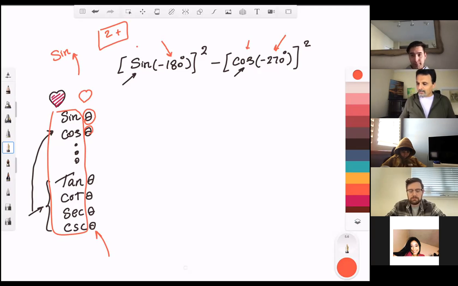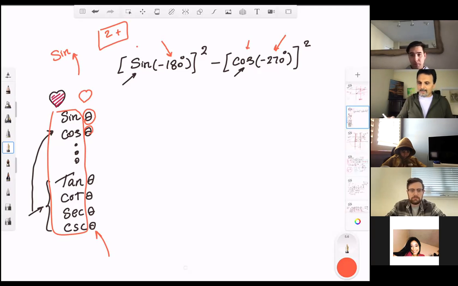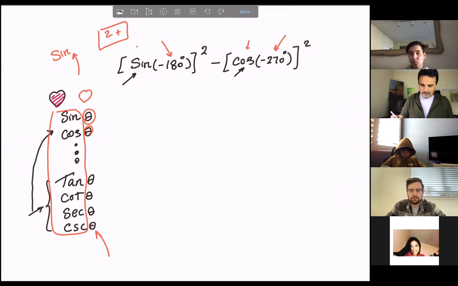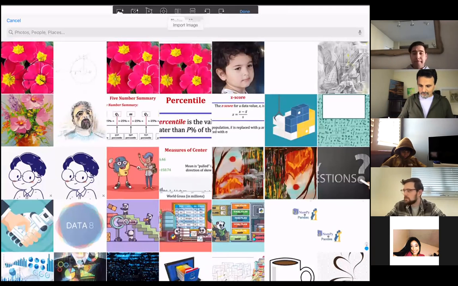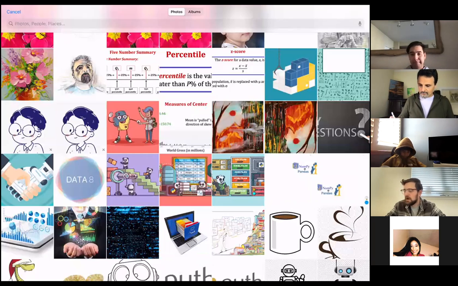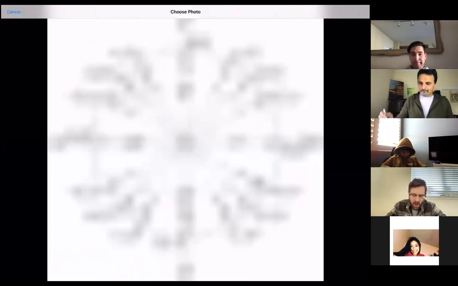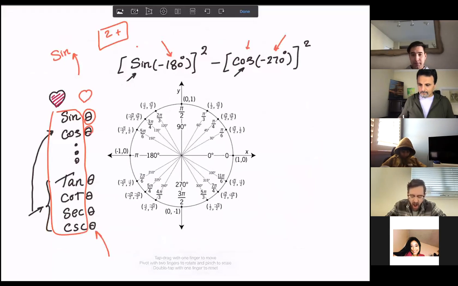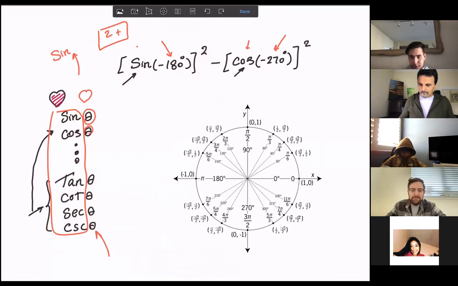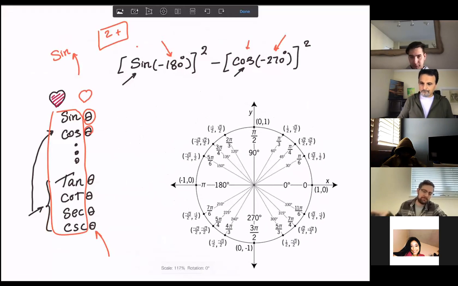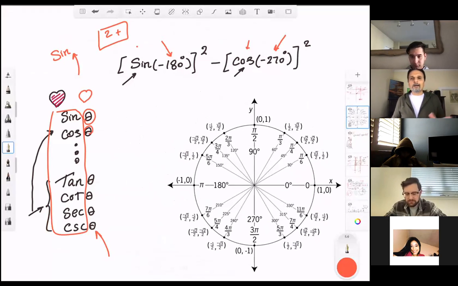Why? Because of the unit circle. Let me bring the unit circle. You should have this unit circle in the exam, or at least the table.